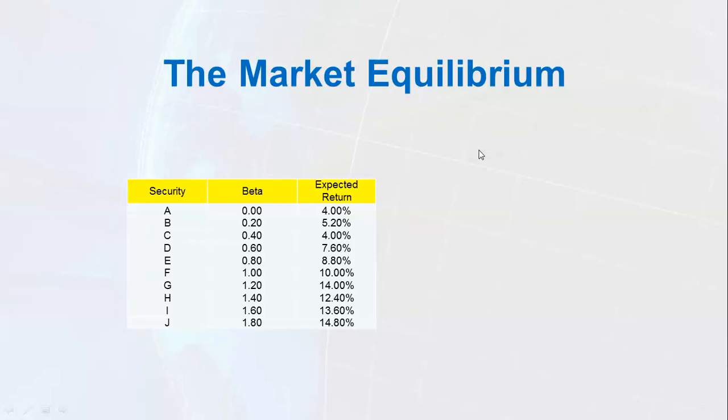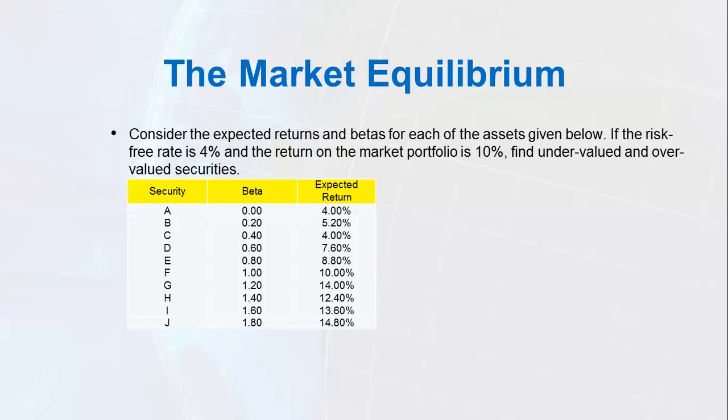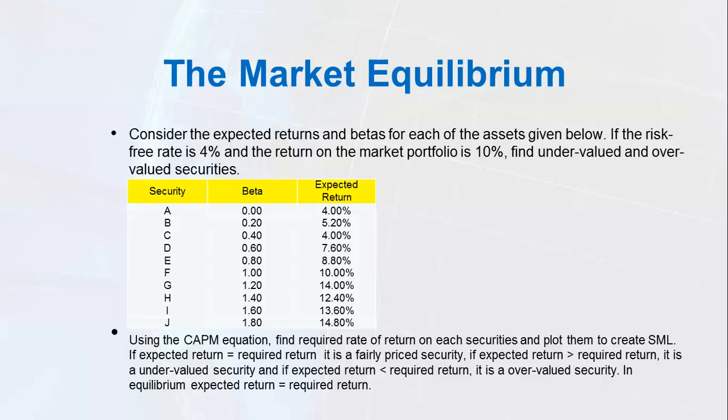All right, so let's talk about market equilibrium. Let's consider these several securities here with different betas, and the expected return is also given. The risk-free return is 4% and the return on the market portfolio is 10%.